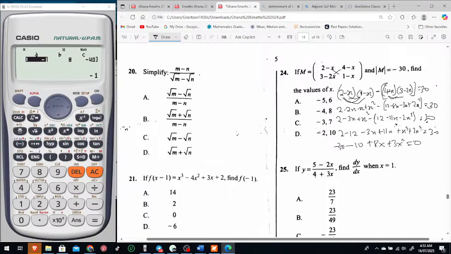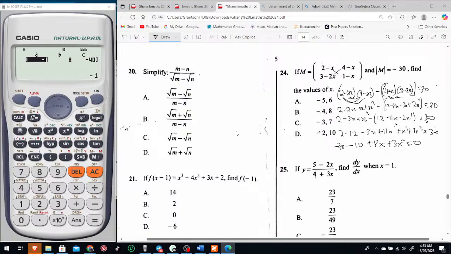Okay, so here's one. Calculator is freezing. Yes, from the question, the 30 is negative. Thank you. That's why I'm getting issues.